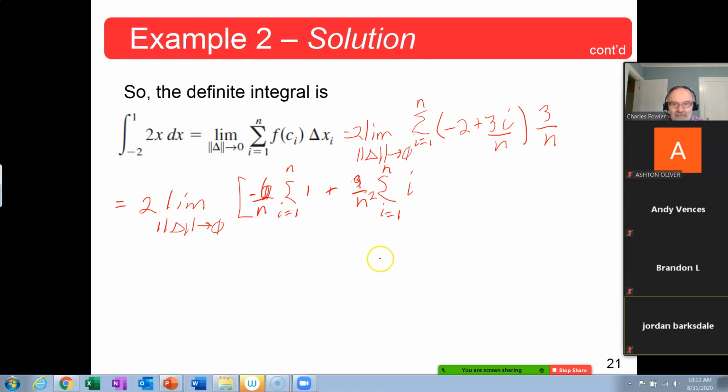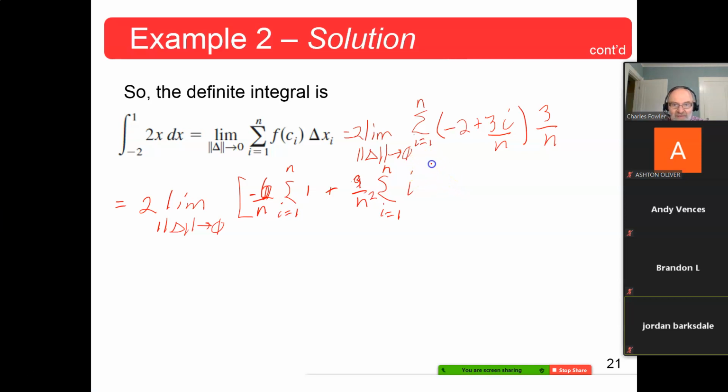But anyway, here we have, we finished that summation. All right, so take your time on this. It's 2 times the limit as your norm is going to 0.